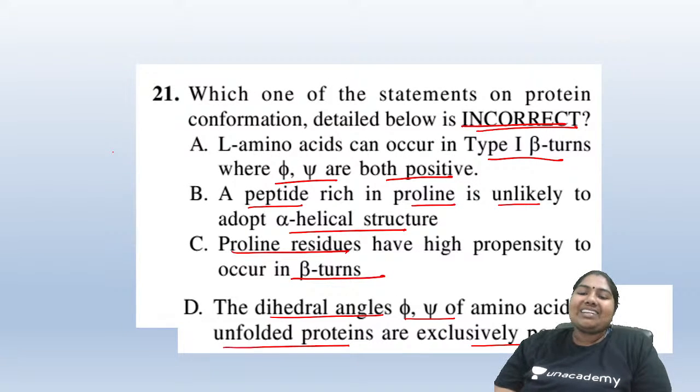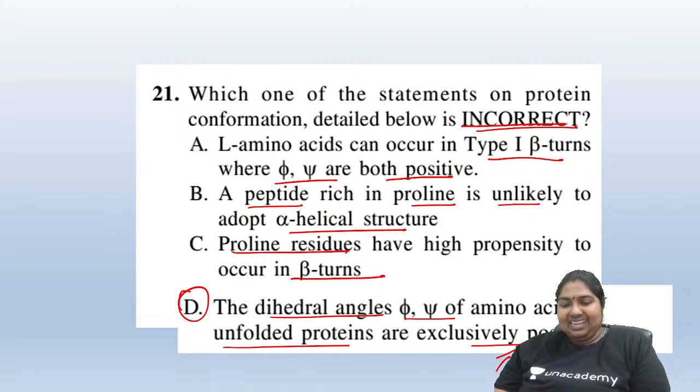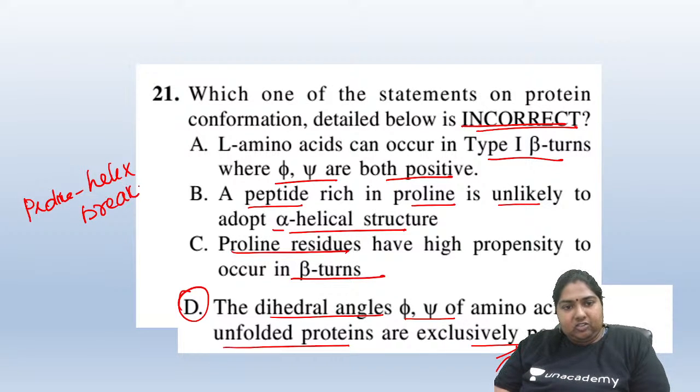How is this possible? You cannot say that it is exclusively positive. Never ever can you say that. See, proline cannot come in alpha. Proline is called a helix breaker. It cannot come there.